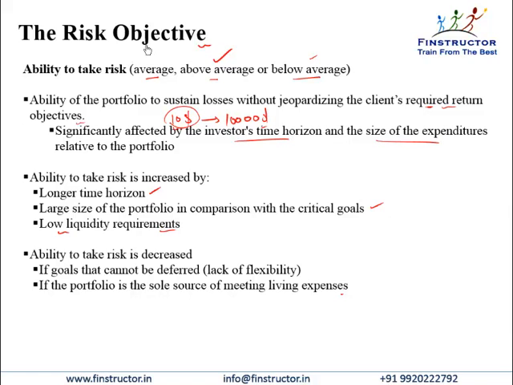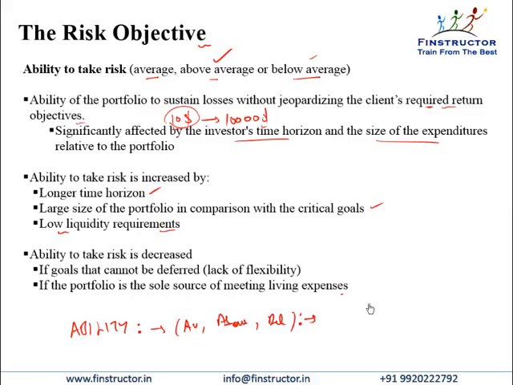So generally speaking, in the risk objective, you will have one answer as the ability, and you will simply write average, above average, or below average with a one-line explanation or one justification.